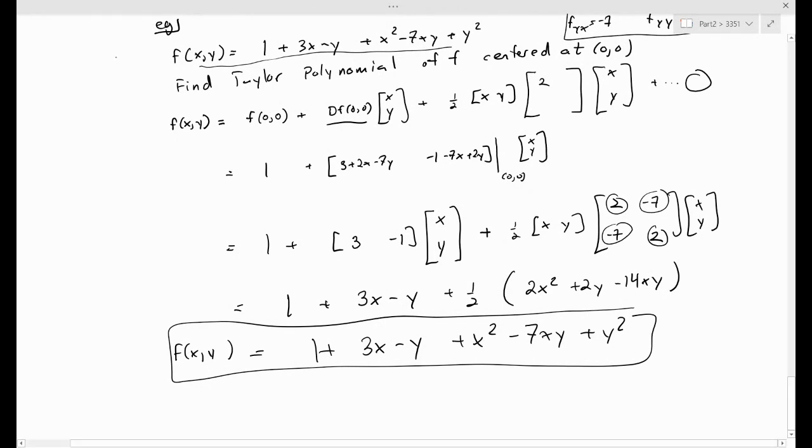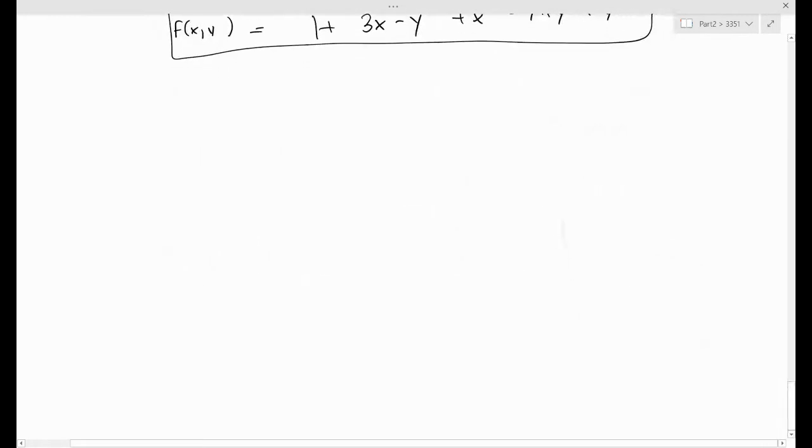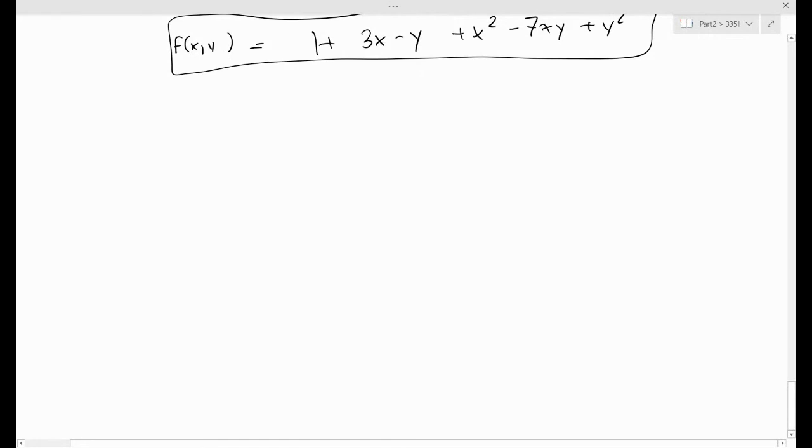Well, this function is already a second degree polynomial in x and y, so you'd expect the Taylor expansion to also be a second order polynomial. So it's exactly the same thing. So that was a fun example for me.